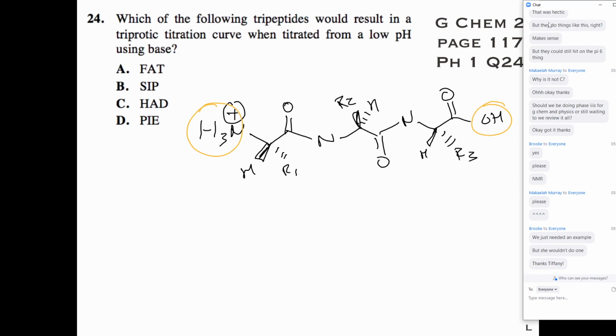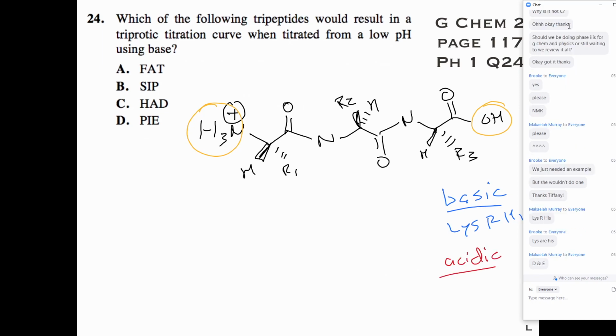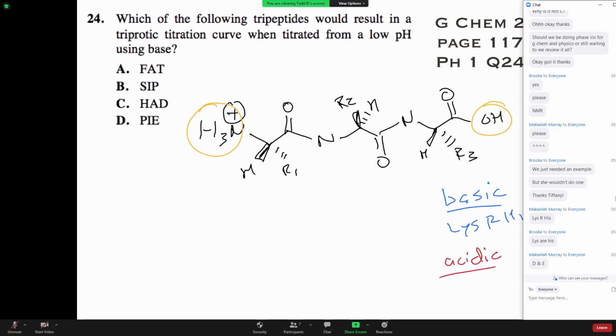Tell me, what are my basics? Lys, Arg, His, that is so perfect. So Lys, Arg, His. What are the two that end in the word acidic? Glu and Asp, perfect. D, E.